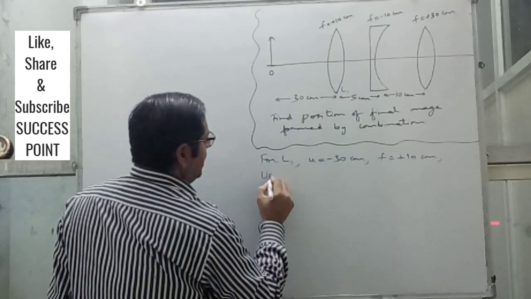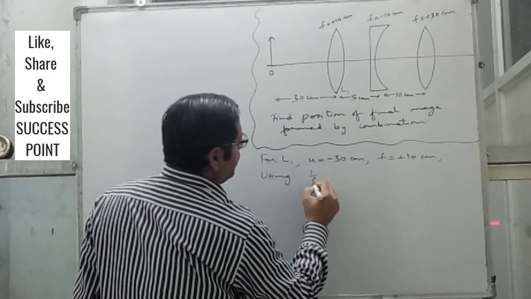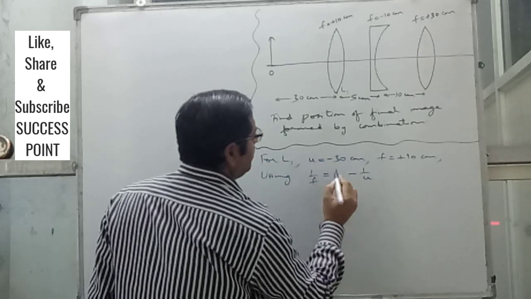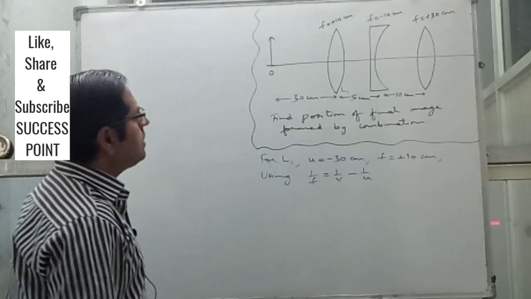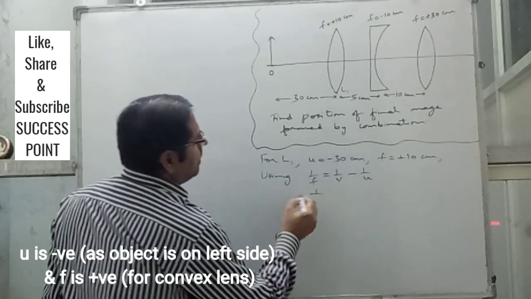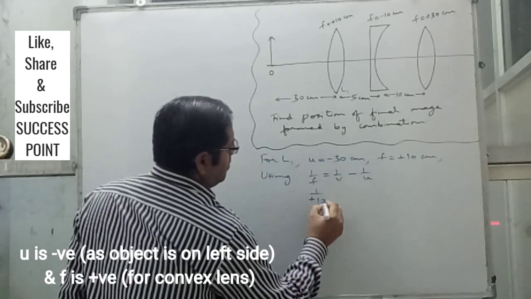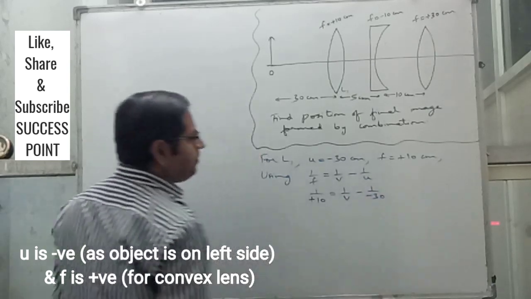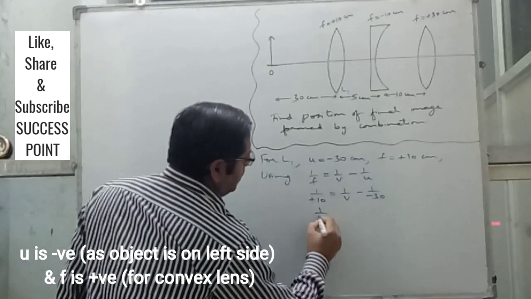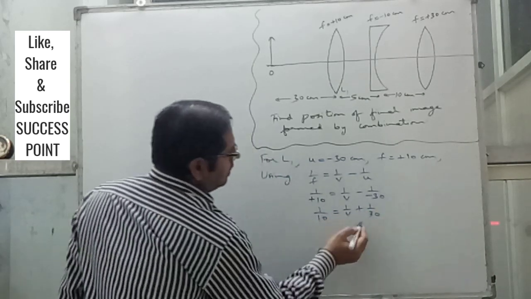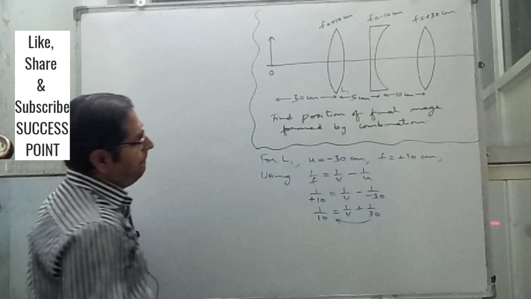Now using the lens formula, which is 1 upon f is equal to 1 upon v minus 1 upon u. Now substitute the values. 1 upon f is plus 10, 1 upon v minus 1 upon minus 30. So 1 upon 10 is equal to 1 upon v plus 1 upon 30. Take this term to the left hand side.